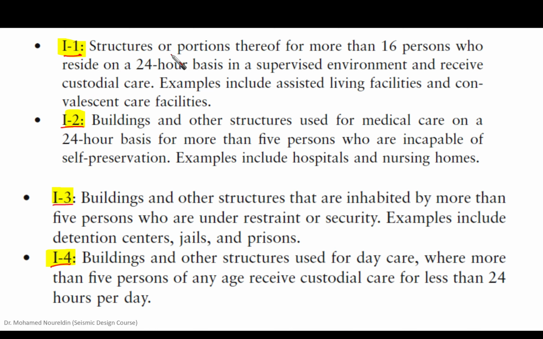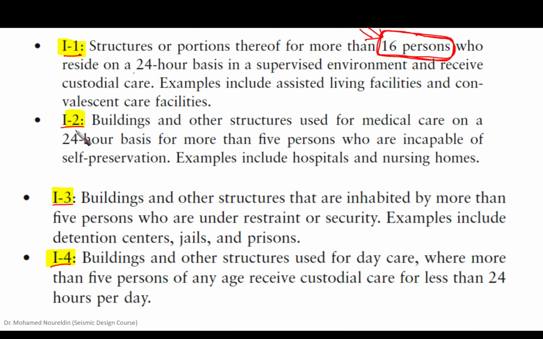I1: structures or portions thereof for more than 16 persons. Now it is more specific compared to the ASCE. So you should keep in mind that the IBC is better in terms of details regarding the occupants and the number of occupants, who reside on a 24-hour basis in a supervised environment and receive custodial care. Examples include assisted living facilities and convalescent care facilities.